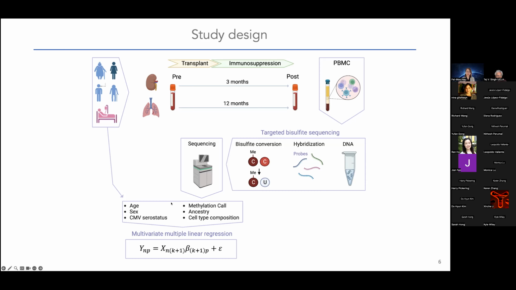For all these features, we're modeling them with methylations in a model, so we can study in which specific loci DNA methylation contributes to the CMV infection.